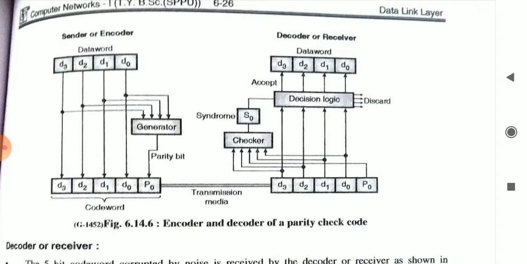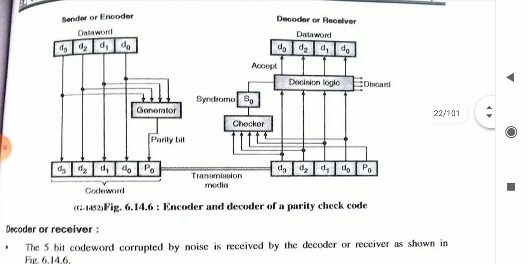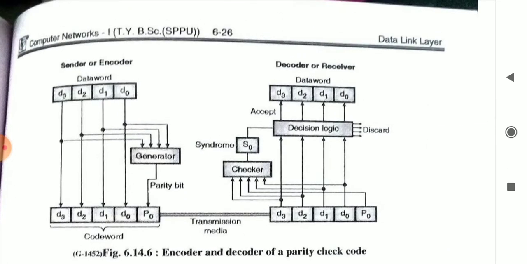See here, this is the encoder and decoder of parity check code. Observe this diagram carefully. Sender is also called encoder because sender can encode the message, and receiver is also called decoder because receiver can decode the message.